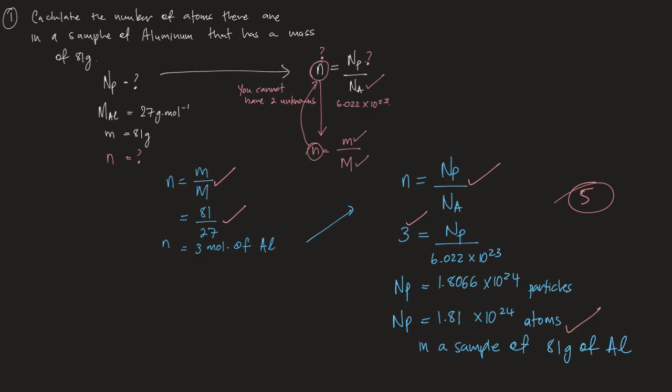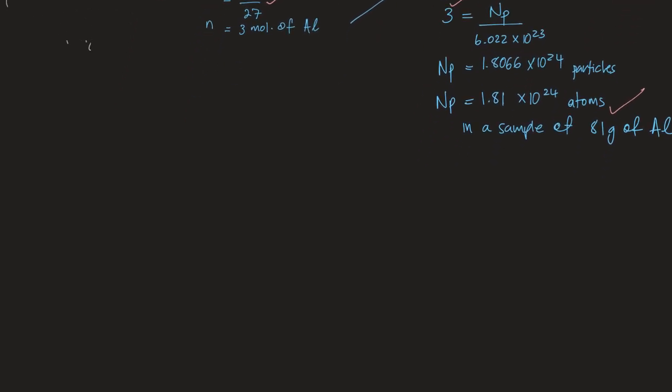Now let's do another little example. Right, example number 2. It says you have a sample that contains 5 moles of zinc.